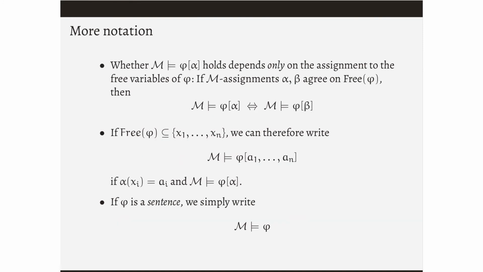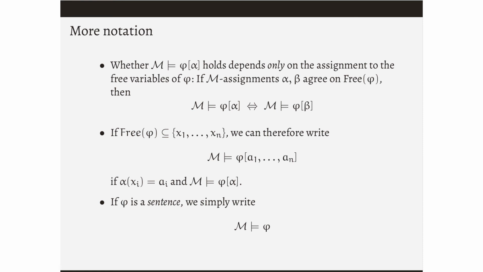Similar to the term notation that we introduced a few slides ago, we can make a similar observation with respect to what actually influences the truth value of a formula in a structure, and observe that it's only assignments to the free variables that this truth value depends on.